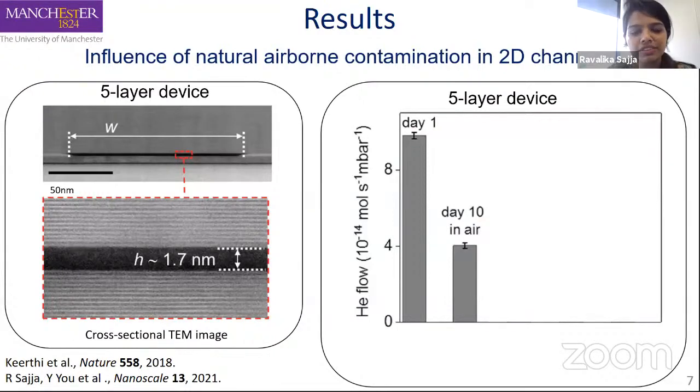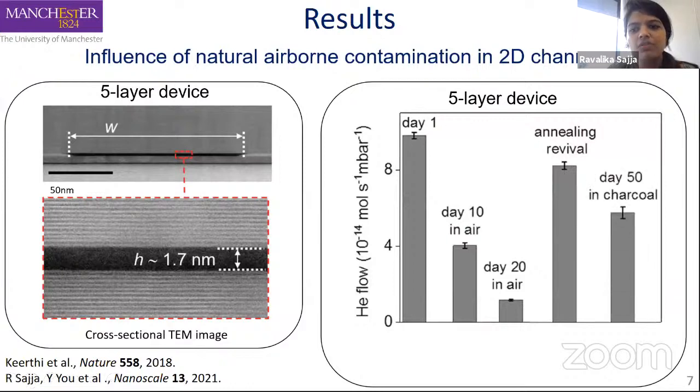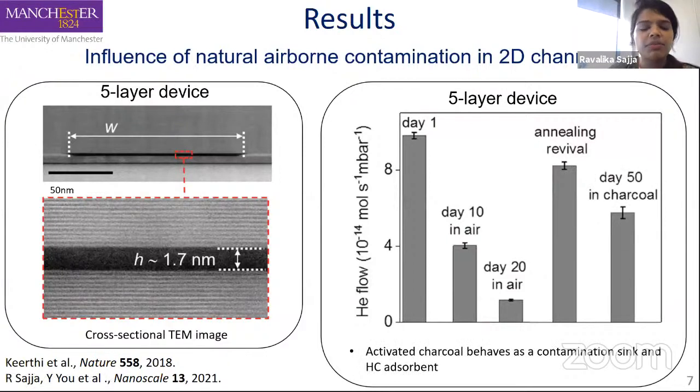On further keeping this device for 20 days, we see that there is a further decrease. But on annealing this particular device in a furnace at 400 degrees Celsius for 5 hours in the presence of argon and hydrogen, we see that the gas flow rate is revived to a greater extent. We also then put these devices in charcoal, which acts as a contamination sink and a hydrocarbon adsorbent.